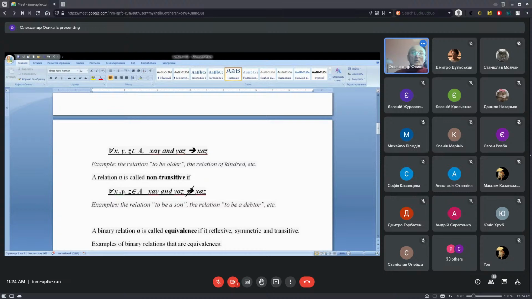For every x, y, and z from A, if x is in relation to y and y is in relation to z, it does not follow that x is in relation to z. Actually, it means sometimes it is true, sometimes it is not. Then it is non-transitive.